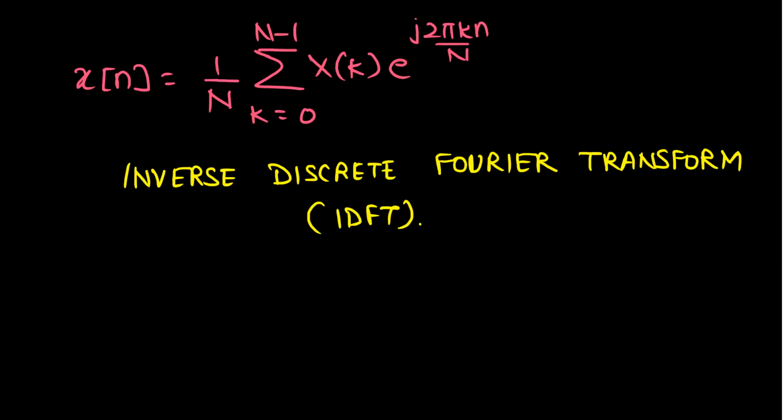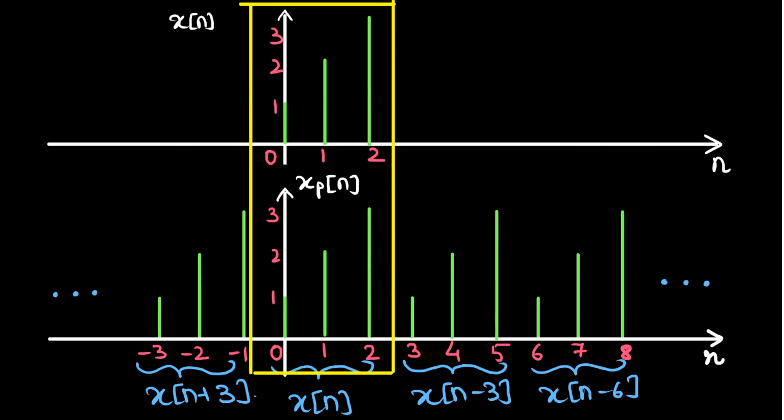Now another thing that we need to note here is when we are discretizing omega, we are getting this periodic sequence. But initially the signal which we had considered was 1, 2, 3, which is not at all a periodic sequence.